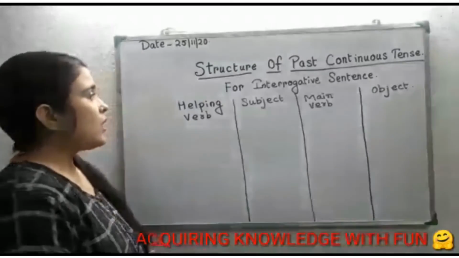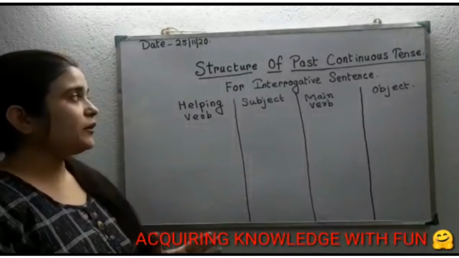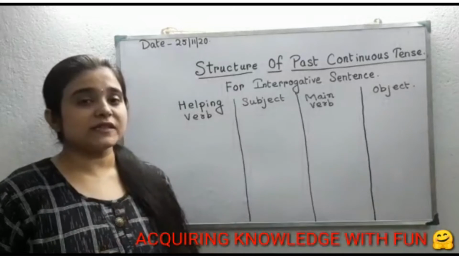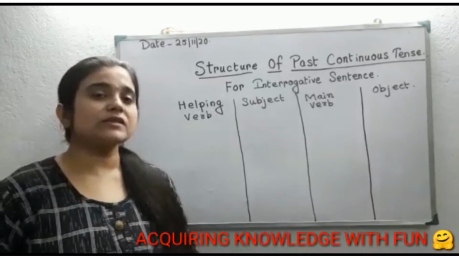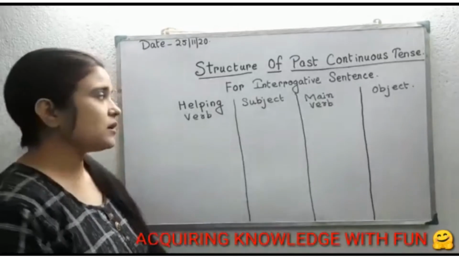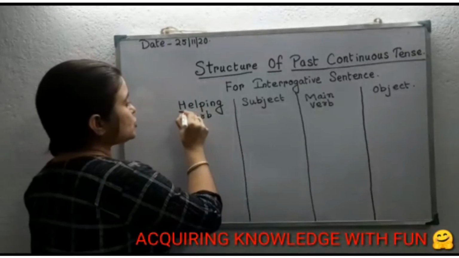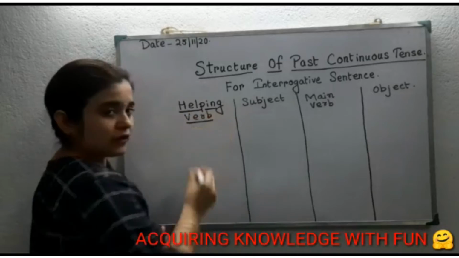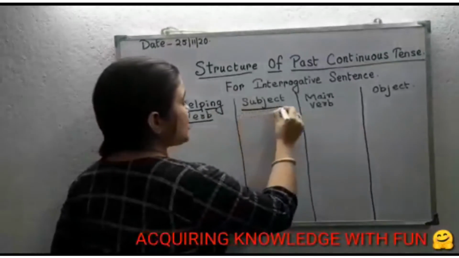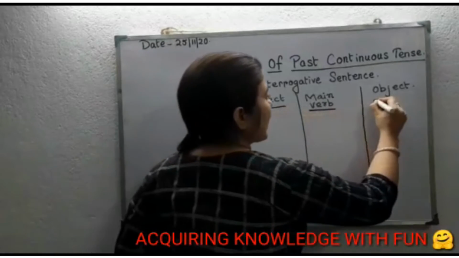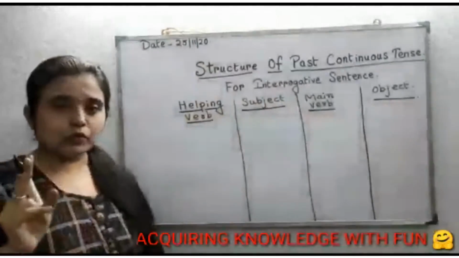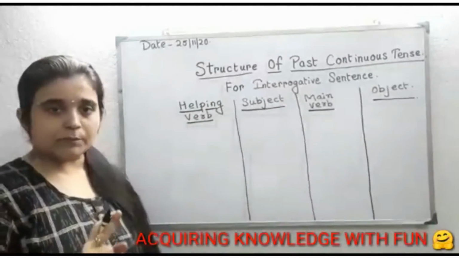Now, I'm going to explain you how to frame interrogative sentence in past continuous tense. What are the rules? First, you need to take helping verb in order to frame interrogative sentence, then subject, then main verb, and then object. Okay? Now, there are two be verbs. There are two helping verbs in past tense.